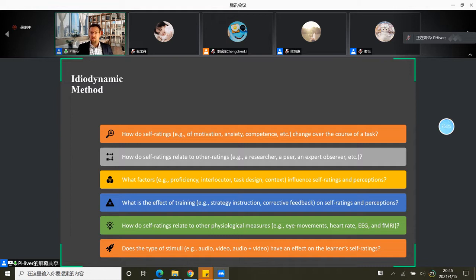Experimentally, what's the effect of training or instruction on ratings of performance? And how do self-ratings relate to other more objective, direct, or physiological measures? And also, does the type of stimuli, the kind of recording, have an effect on the learner's self-ratings? That's an interesting methodological question.